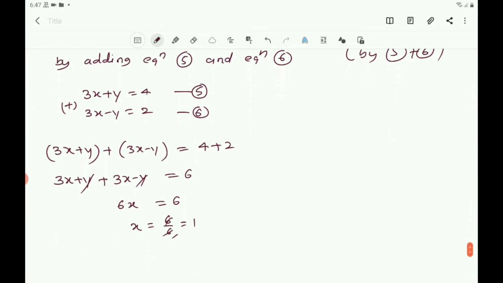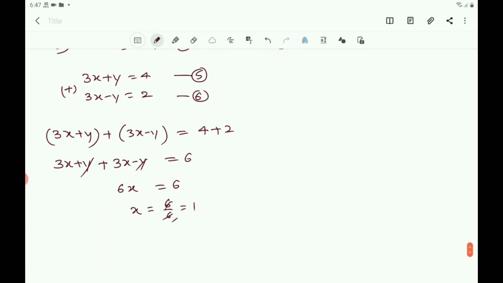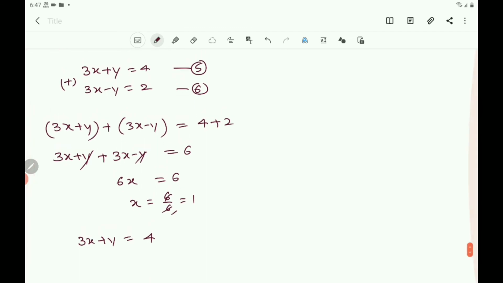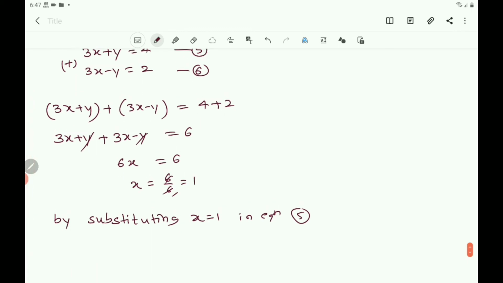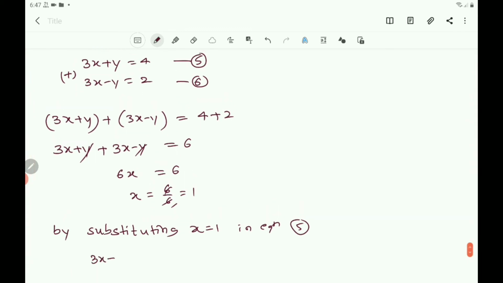Now here we have to get the value of y. So you take the equation 5 or 6. So let us take the 5th equation. 3x plus y is equals to 4. That you write here by substituting x equals 1 in equation 5. Write that 5th equation. 3x plus y is equals to 4.